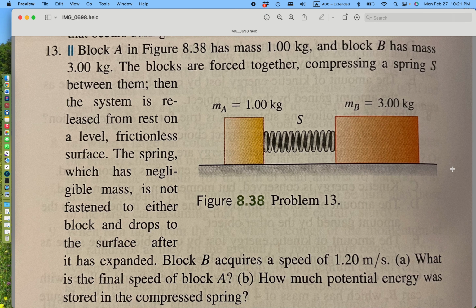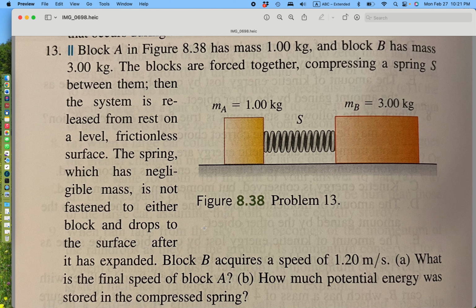Block A in figure 8.38 has mass 1 kilogram and block B has mass 3 kilograms. The blocks are forced together, compressing a spring S between them. The system is released from rest on a level frictionless surface. The spring, which has negligible mass, is not fastened to either block and drops to the surface after it is expanded.